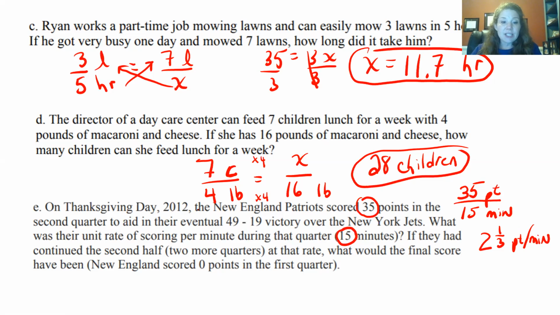If they had continued the second half, or 2 more quarters at this rate, what would the final score have been? So they had already scored 35 points. Let's divide this into 4 quarters, right?